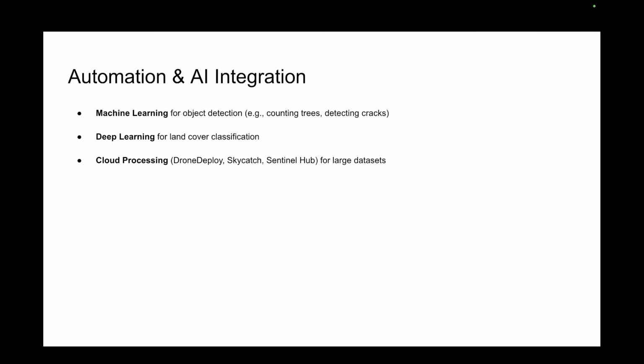So we can also apply different types of artificial intelligence. In this training, I'll also show you an example of how we can count the trees. Suppose I have a drone image. I can apply automation such as machine learning or deep learning, and then identify the trees, the cars, and different types of land use land cover classes.